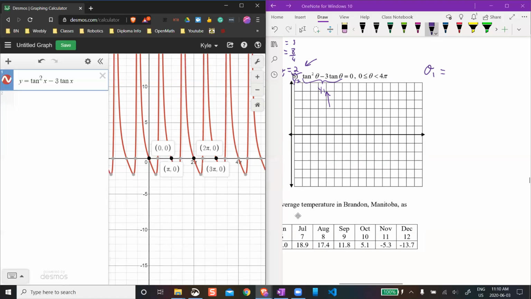So the way we're going to write that would be like this. We'd say it's going to be pi times n, where n is greater than or equal to 0, but less than 4.